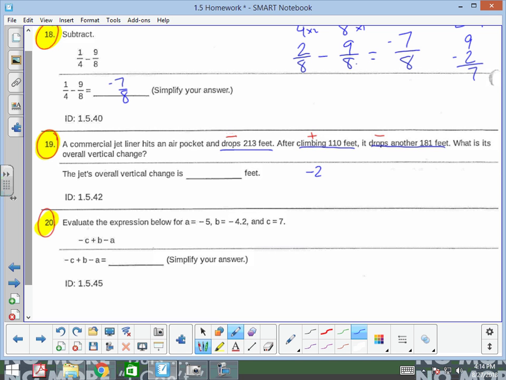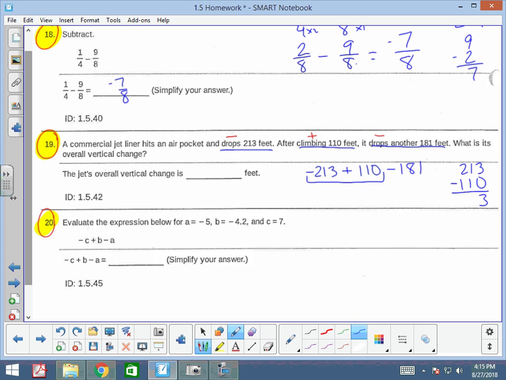So it drops, so that's negative 213 plus 110. And then it drops again. Now you can make this plus negative 181, or I'm just going to put minus 181. So we're going to add two numbers at a time. We're going to do the negative 213 plus 110. They're different signs, so we're subtracting the numbers.